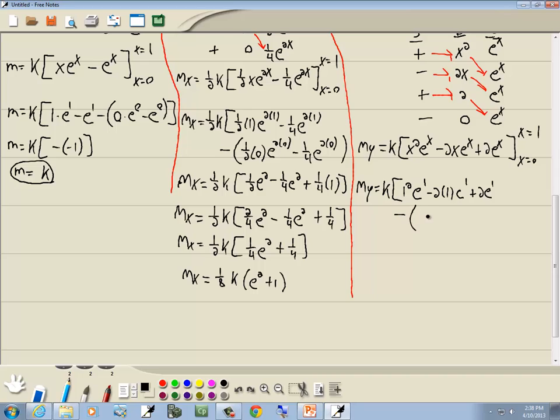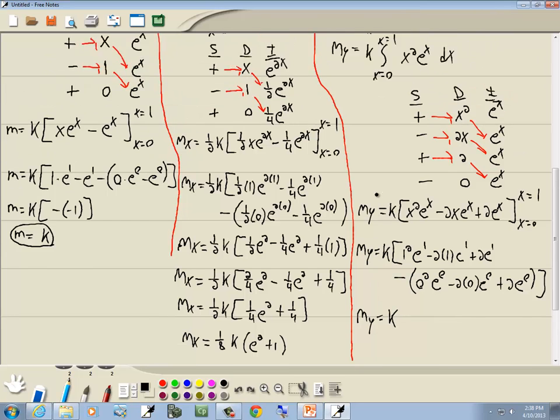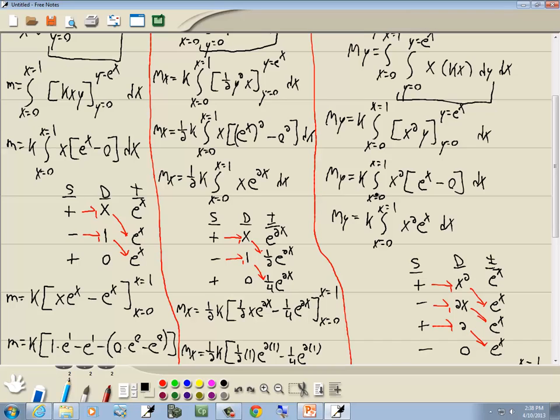Minus, and then parentheses because that flips everything, I put 0 in for x. So I get 0 squared e to the 0 minus 2 times 0 e to the 0 plus 2 e to the 0. So k carries down. Did I not bring any number out of that? I guess I never did. Okay.